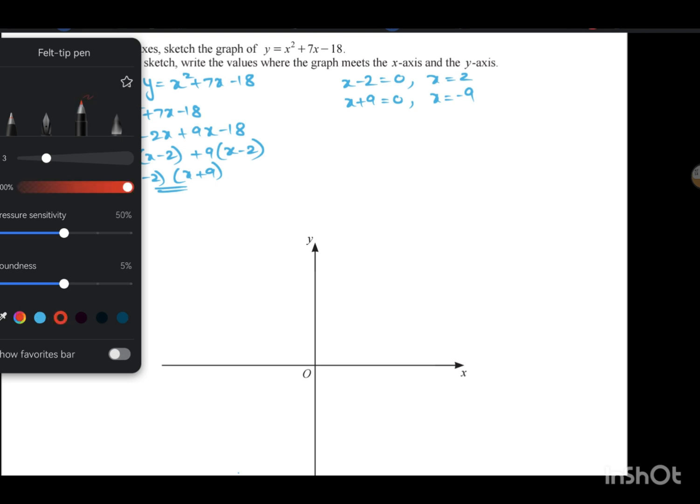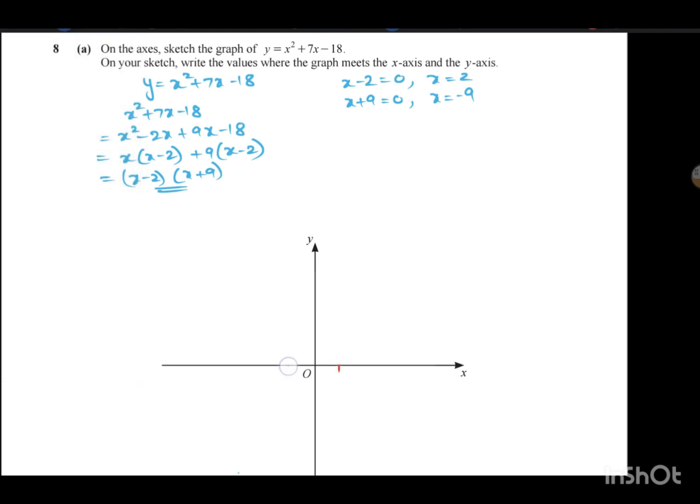Use your rulers and take equal distances and mark them like this. So 2, 4, 6, 8, then next will be 10, like that. And minus 2, minus 4, minus 6, minus 8, and minus 10 will be the numbers.